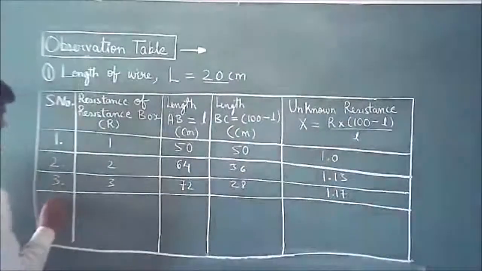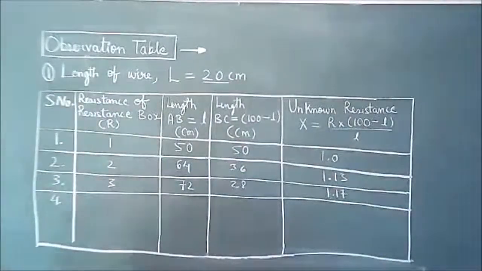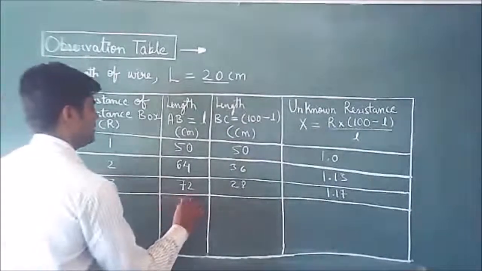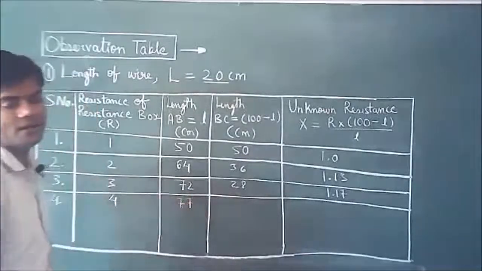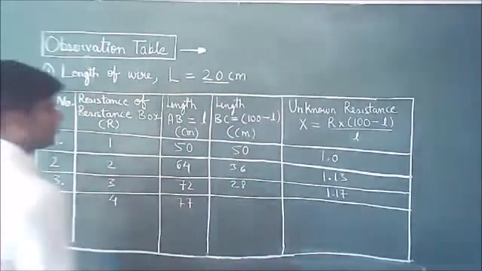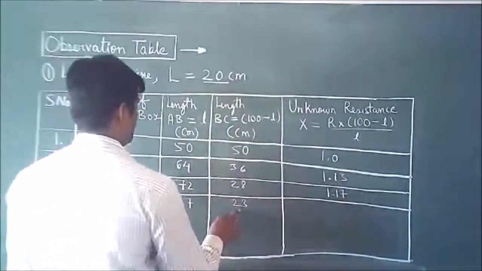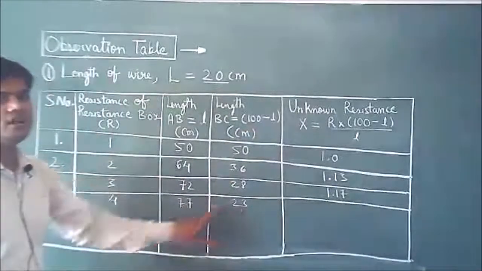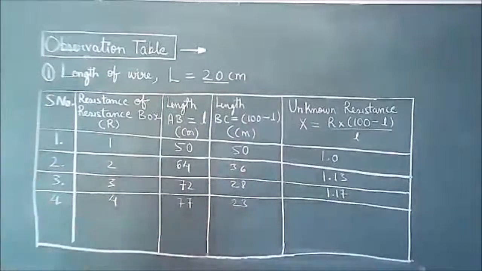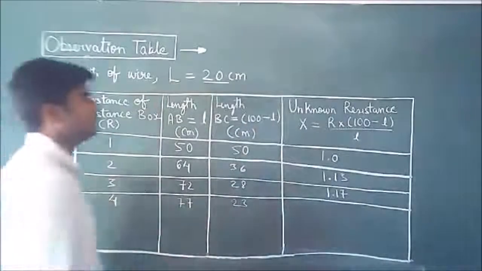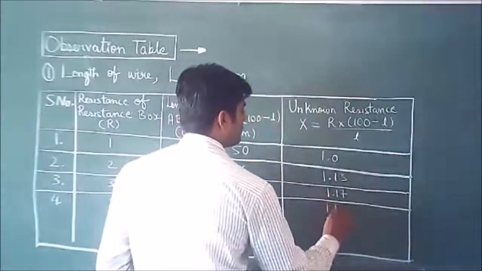Then the fourth reading, we got 4 ohm resistance box reading. 77 centimeter was L, and 23 was the reading of 100 minus L. So 4 into 23 upon 77 gives 1.19.